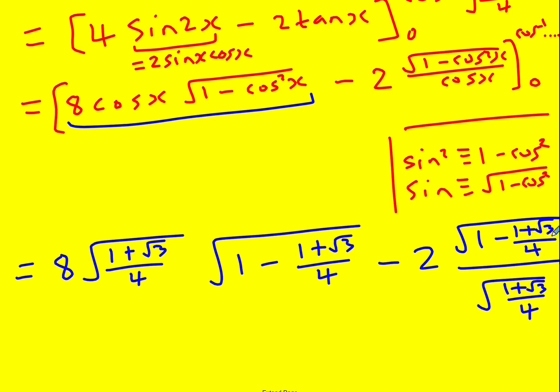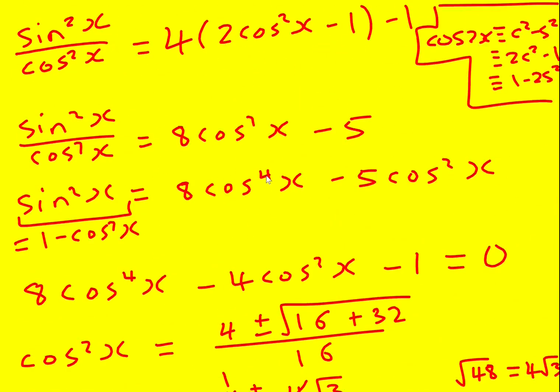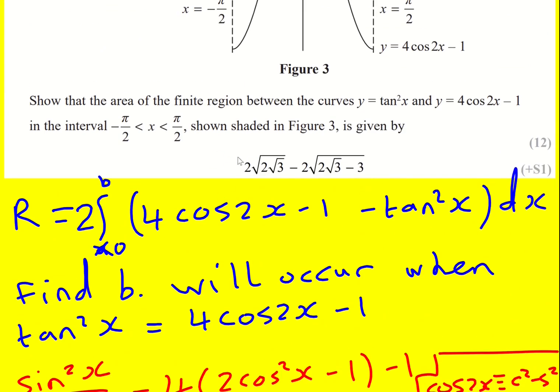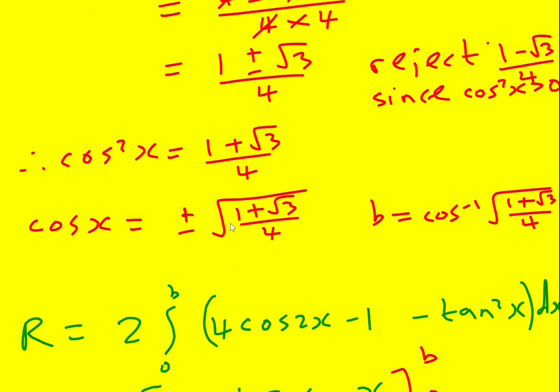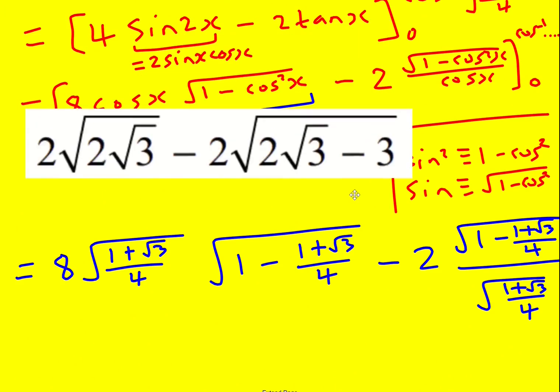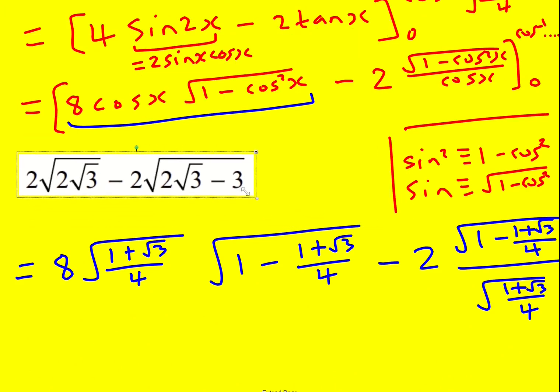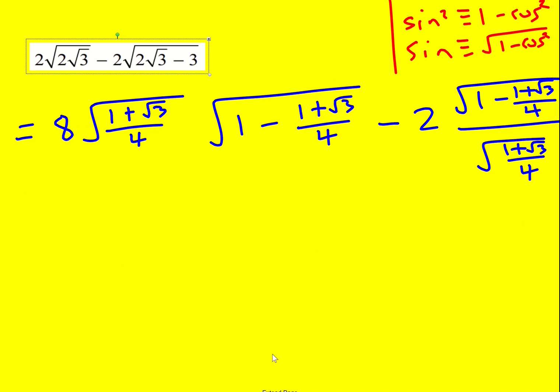Okay, and we might not quite have the answer, but at least we have an answer all in terms of surds. And what we're trying to get to is this here. So we just got to try and cancel it down. I can write this as 8 root 1 plus root 3 over root 4, which is just 2.